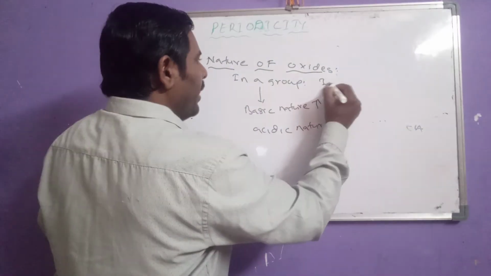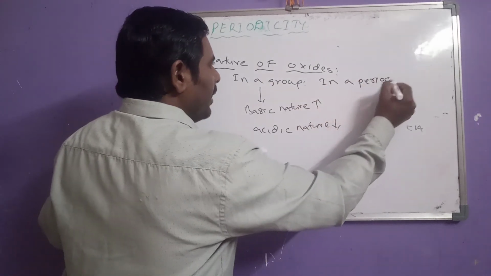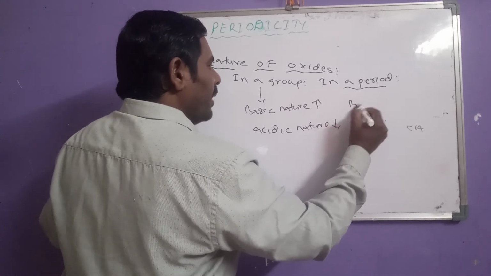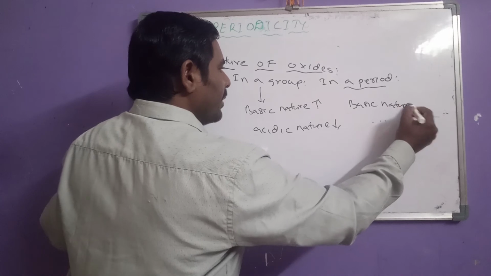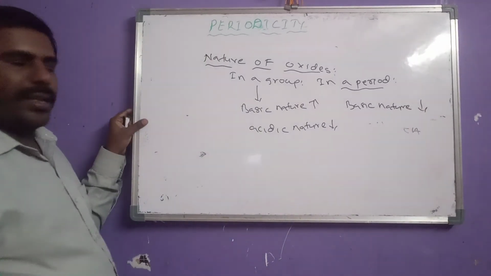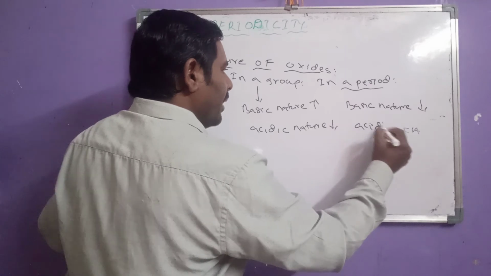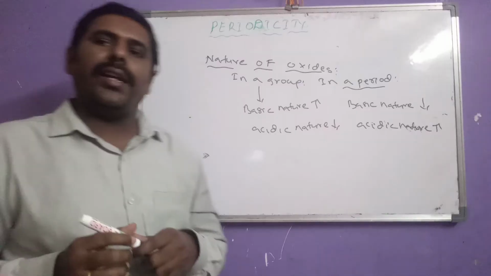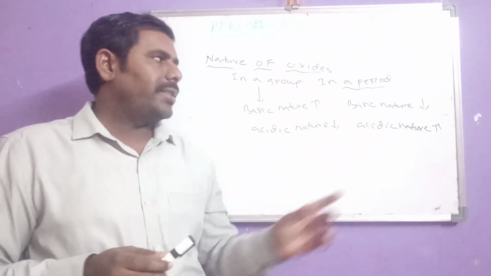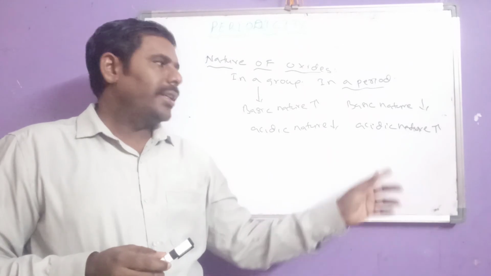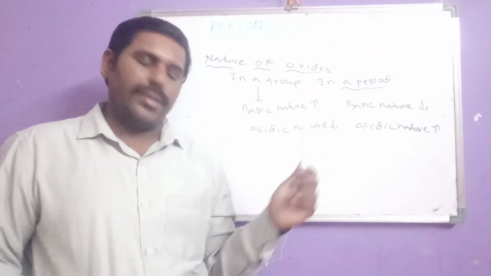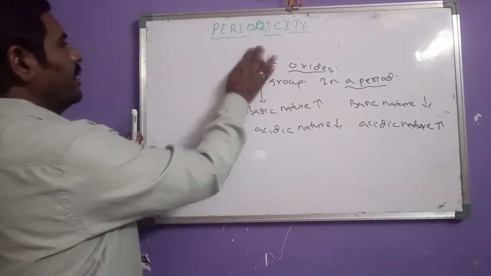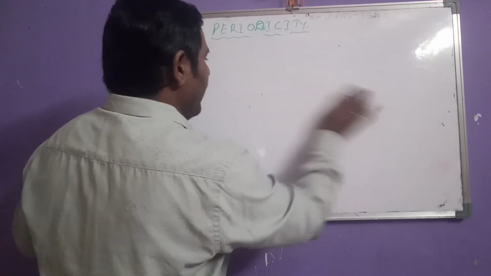And in a period from left to right, basic nature decreases and acidic nature increases. So from first A group elements to seventh A group elements, basic nature decreases but acidic nature increases. So this is regarding the nature of oxides, that is, acidic nature or basic nature.